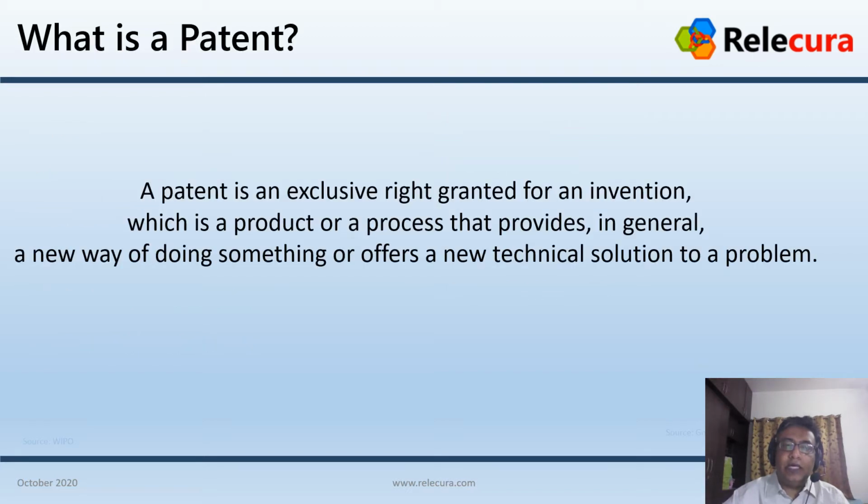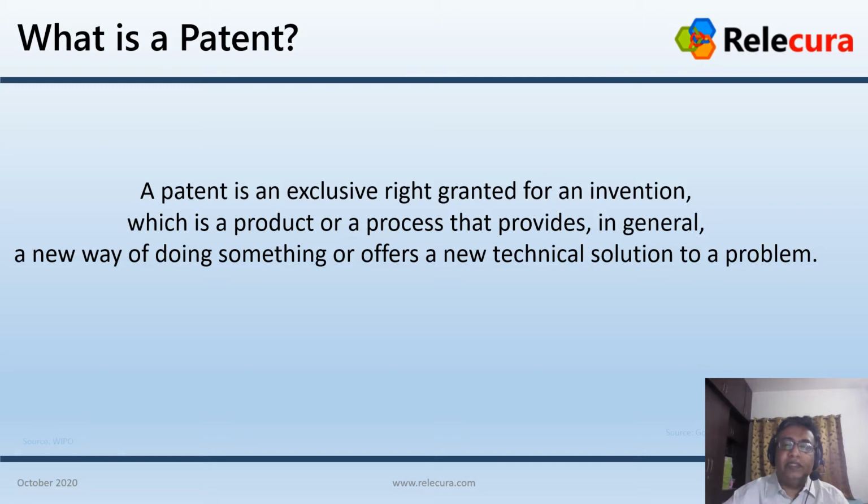Before starting, we should know what a patent is. According to the definition, a patent is an exclusive right granted for an invention, which is a product or a process that provides, in general, a new way of doing something or offers a new technical solution to a problem.